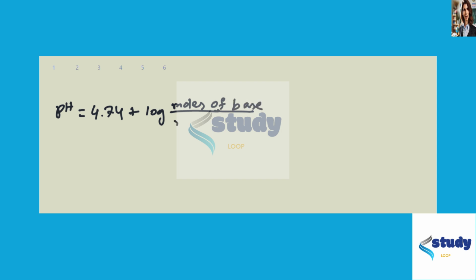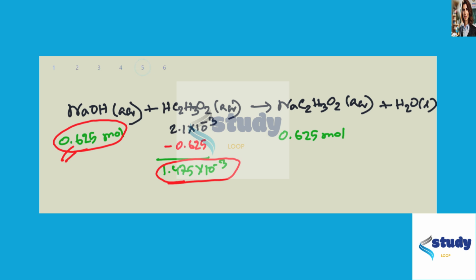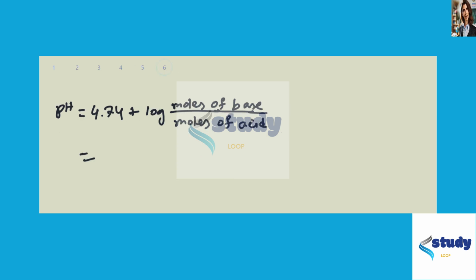So if we just plug in the moles of base and moles of acid here as these values, we will see that the pH will be 4.37. So this is the pH of the solution after the addition of 5 ml base.